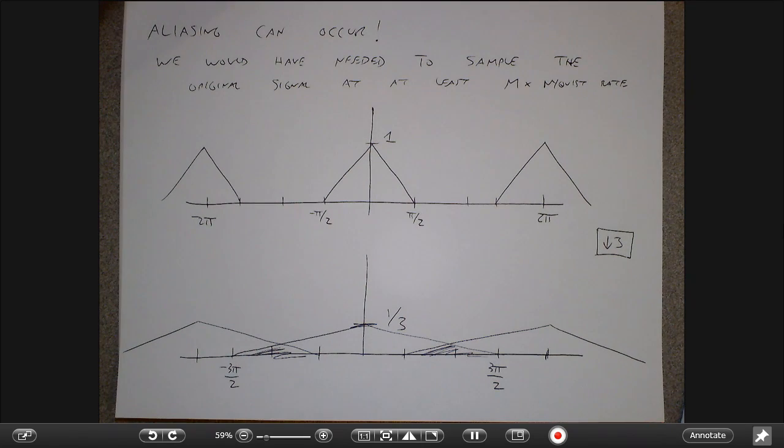Okay. And so one solution, it's not great, but it's the best that we can do, is to say, okay, I can predict what the maximum bandwidth of the original signal would need to be to prevent the copies from overlapping, right? And so what I could have done is said, okay, before I do the downsampling, I am going to pre-filter the signal to prevent the aliasing from occurring.